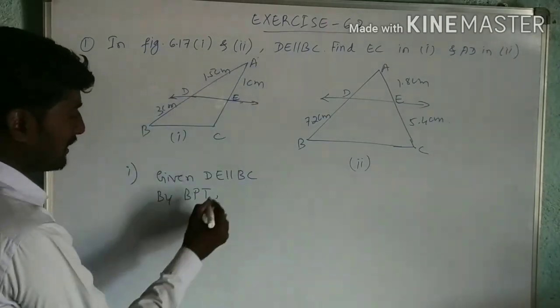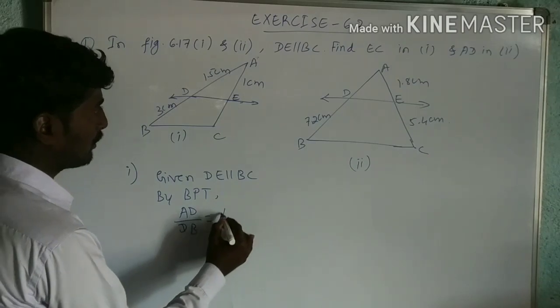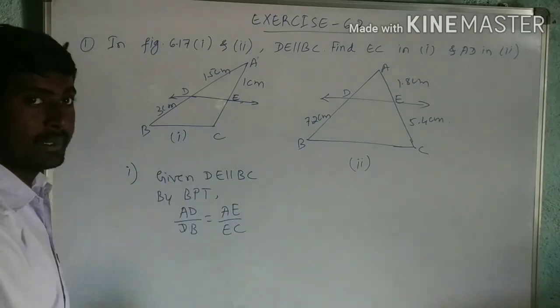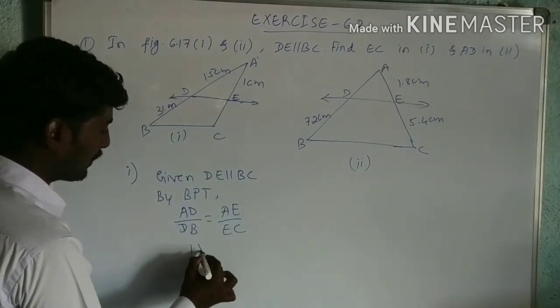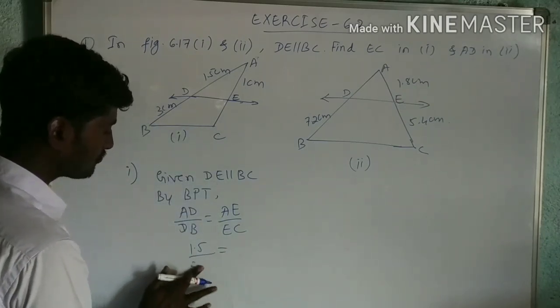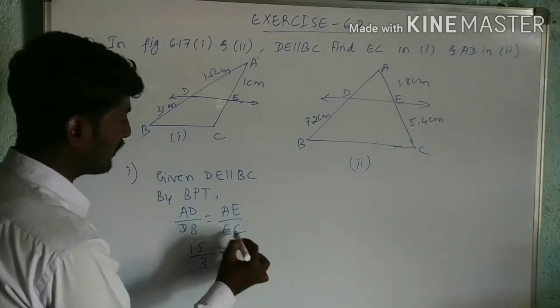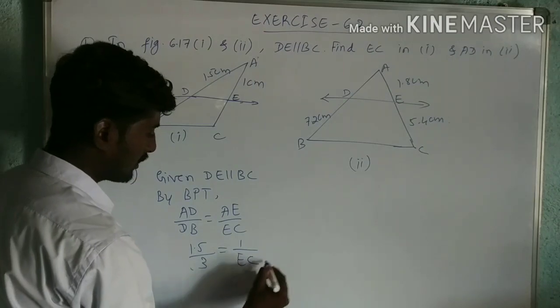It means AD divided by DB is equal to AE divided by EC. This is by BPT. Substitute the values. AD value 1.5, BD that is 3, is equal to, next AE is 1, divided by EC, we have to find. Find EC.